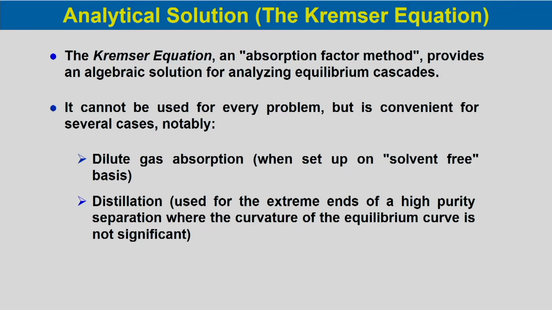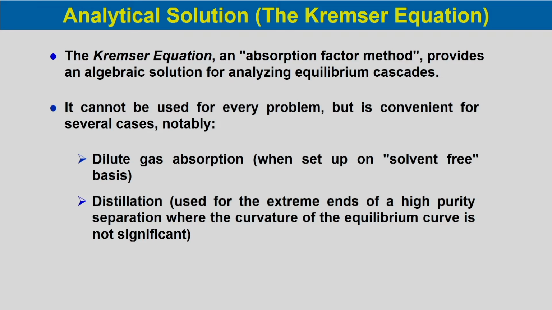The other case is the distillation, where we can use it for the extreme ends of a high purity separation, where the curvature of the equilibrium curve is not significant, because at the extreme end we are trying to achieve the purity of the product.